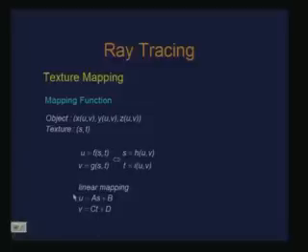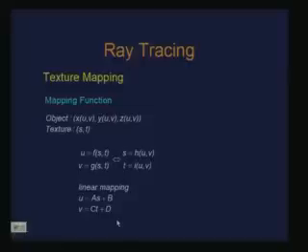So a simple way of looking at it is that if I have a linear mapping, that means u is related to s and t through a linear function, where I define u as a linear function of s, where u is equal to as plus b and v is equal to ct plus d, right.